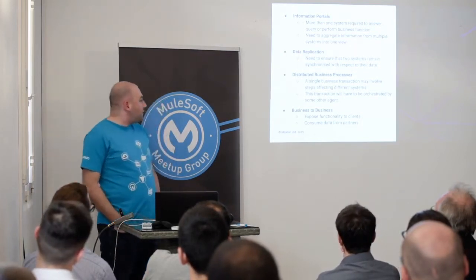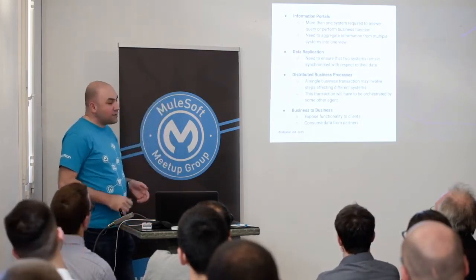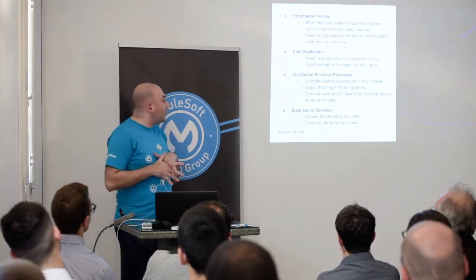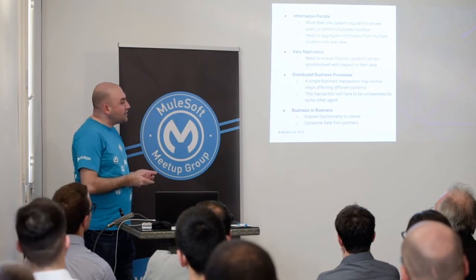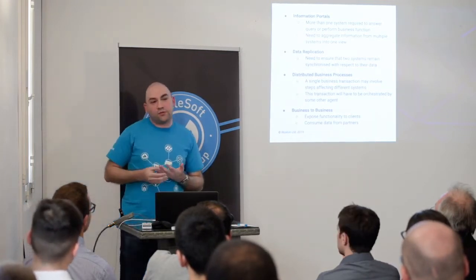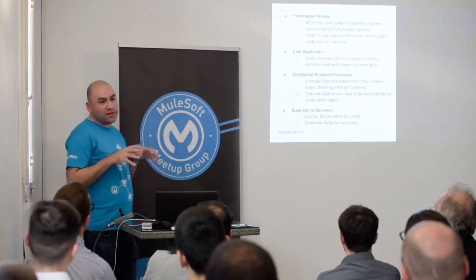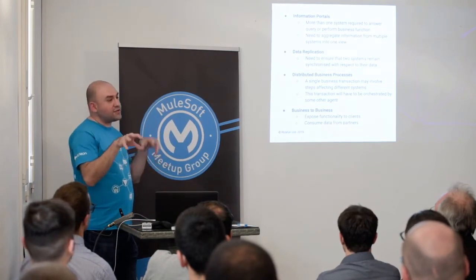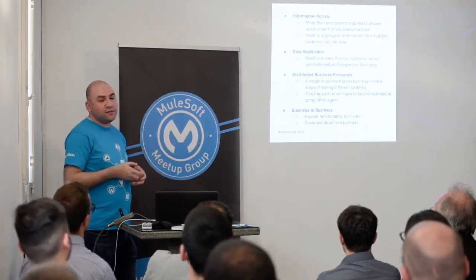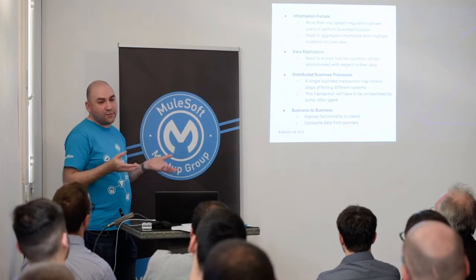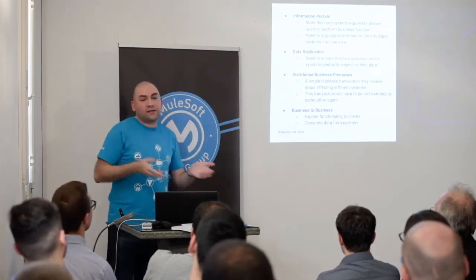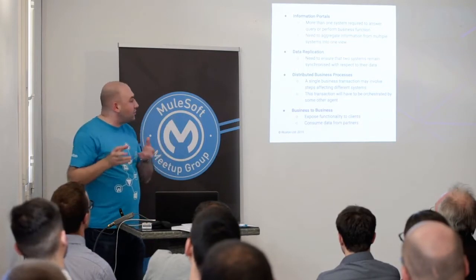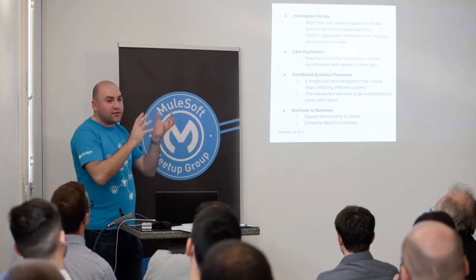Another use case often encountered is data replication. So we have two systems, and you need to ensure that they remain synchronized. For example, you might have a merger between two companies which are in the same line of business. Each of these companies is using its own systems, and now they need to become one company. What happens? You cannot just switch off one of the enterprise systems, because there's so much investment already there.